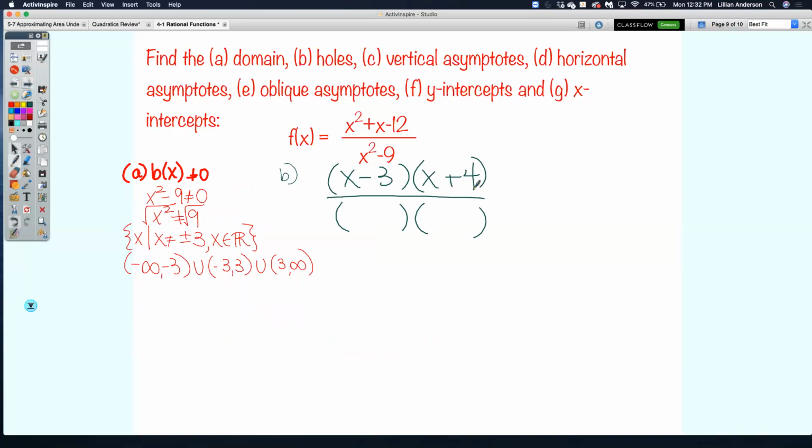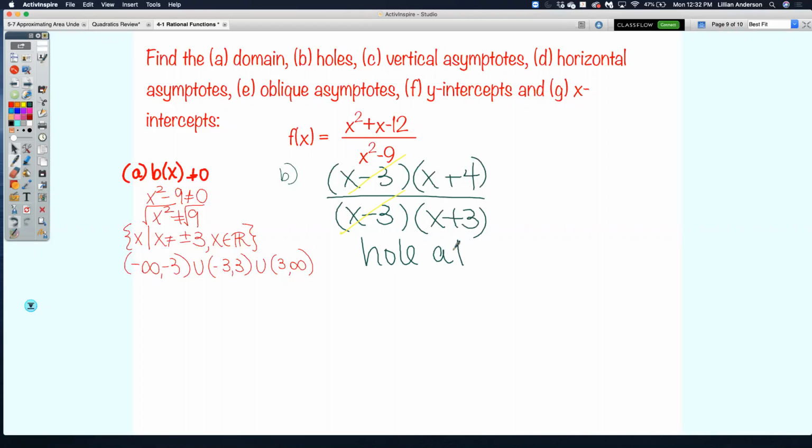How does the bottom factor? x plus 3 and x minus 3, this difference of perfect squares. Do I have anything in common? x minus 3. Sure do. So if something's in common, that means I do have a hole.